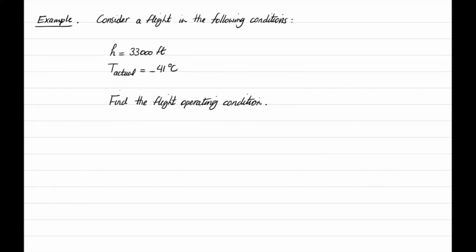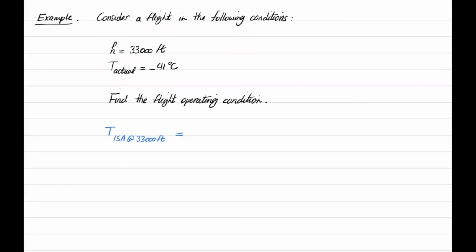The first step is to find the standard temperature at the given altitude of 33,000 feet. So we use the equation that we have before, where here h is equal to 33,000. This will be almost equal to minus 51 degrees Celsius.